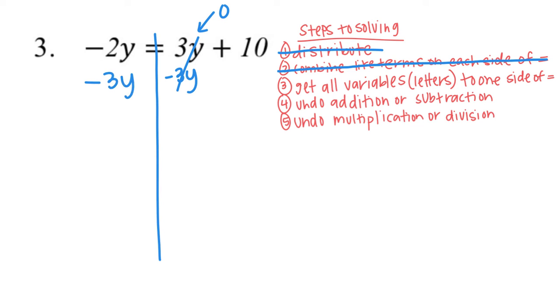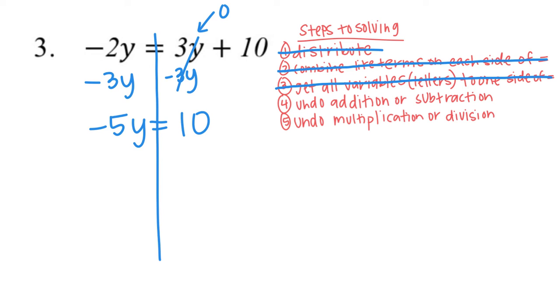So I'm going to do it on the other side as well. Be careful with these negatives. Make sure you're using your calculator. Negative 2y minus 3y would leave me with a negative 5y. Be careful how you type that. And I'm going to bring down a positive 10. So now I have all those letters to one side of my equation.